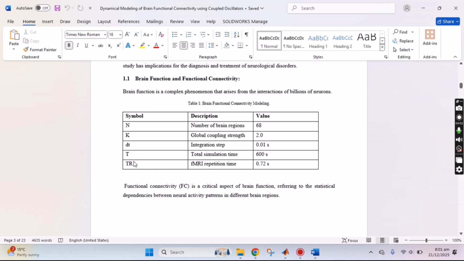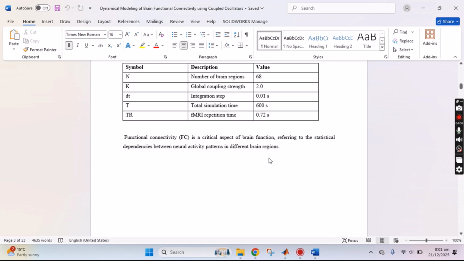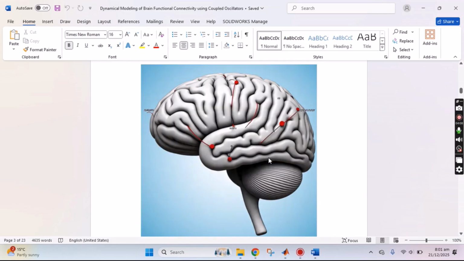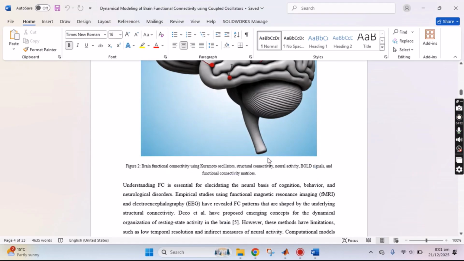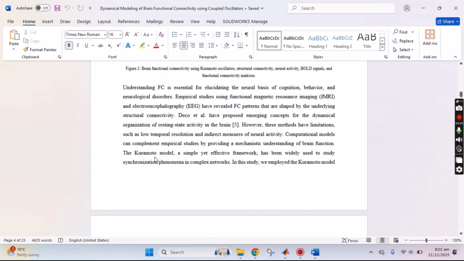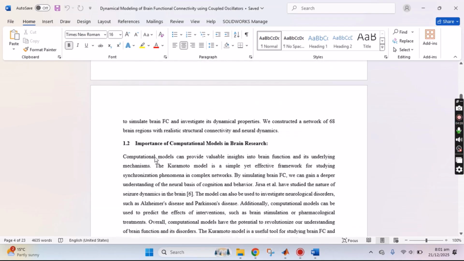These are the table and the values which we have used in the MATLAB code to simulate brain functionality according to Kuramoto's model. This figure represents the brain functional connectivity using the Kuramoto simulations: the structural connectivity, neural activity, BOLD signals, and the functional connectivity matrices as well.